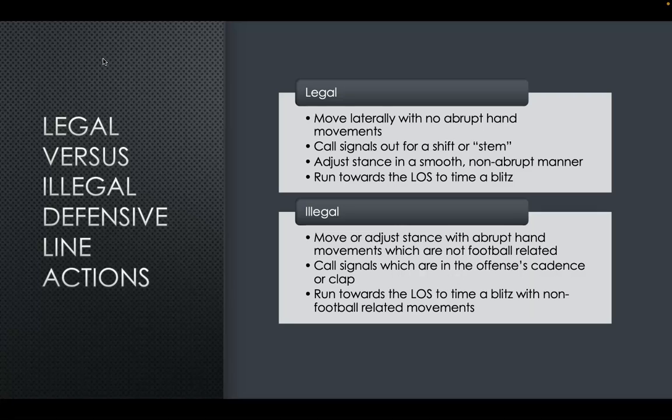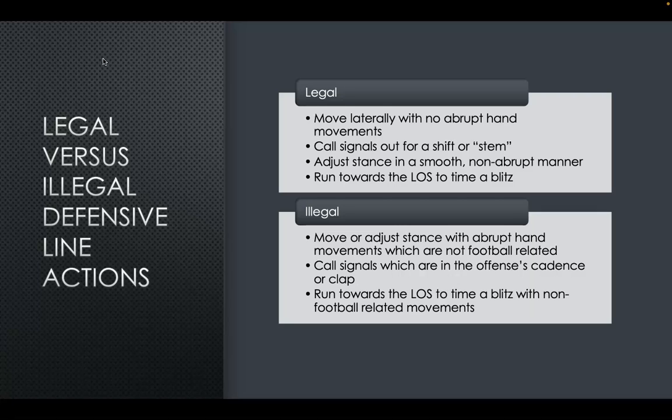Now we're starting to see situations where there are abrupt hand movements. We are treating the defensive line similar to how we treat the offensive line if they were to go to a two or three point stance. If it is a smooth motion, then it is legal.